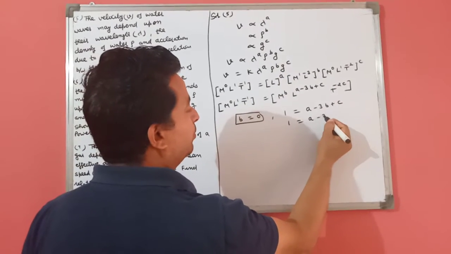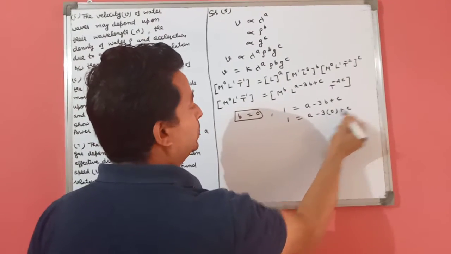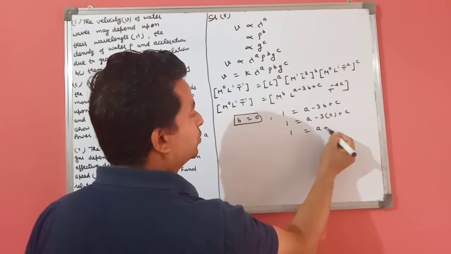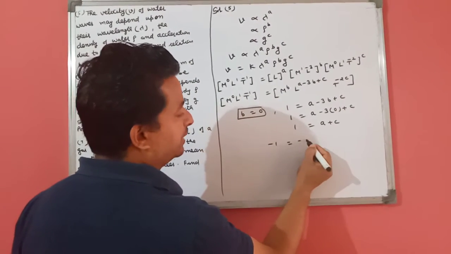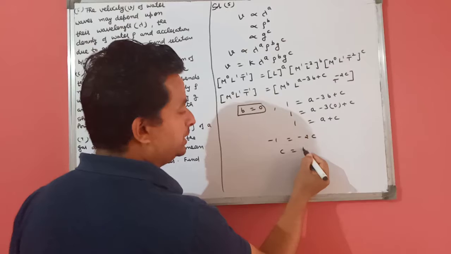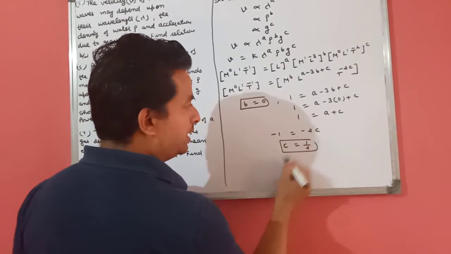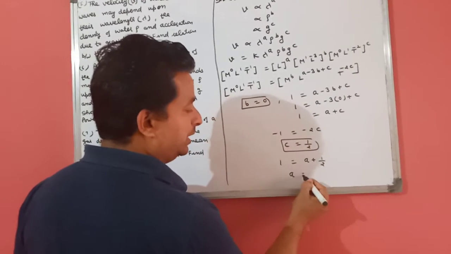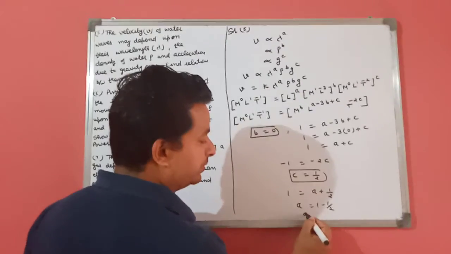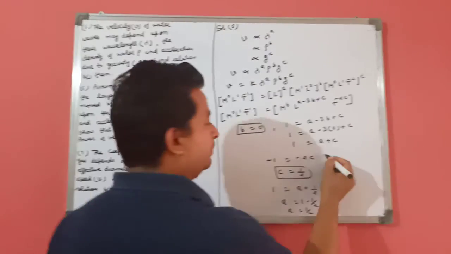Put the value of b, so the relation is 1 is equal to a + c, and the third one is -1 equal to -2c. So c is equal to half. When we put the value of c, a is equal to 1 - half, which is equal to half.